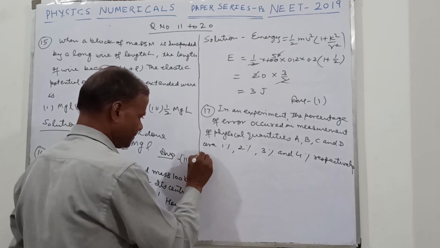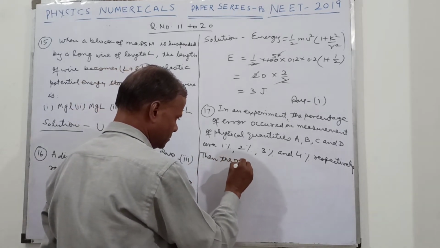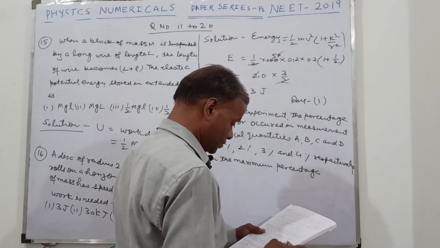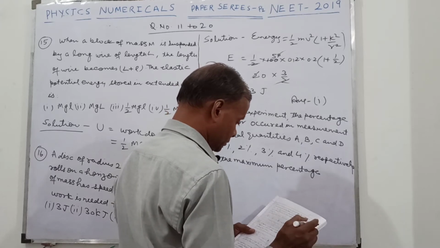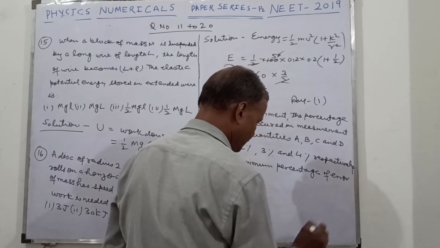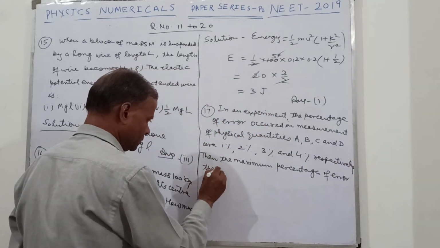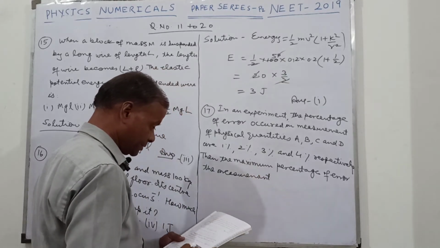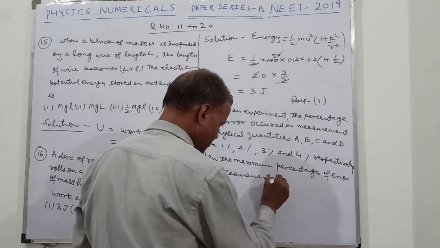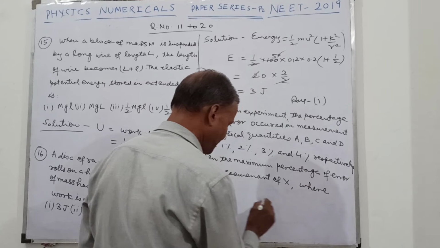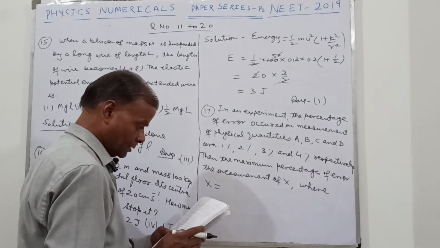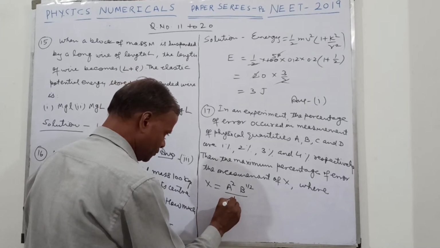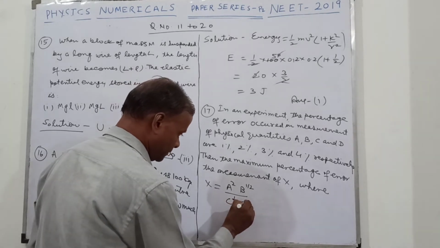Then the maximum percentage of error in the measurement of X, where X equals A square B raised to power half upon C raised to power half into D raised to power 3.